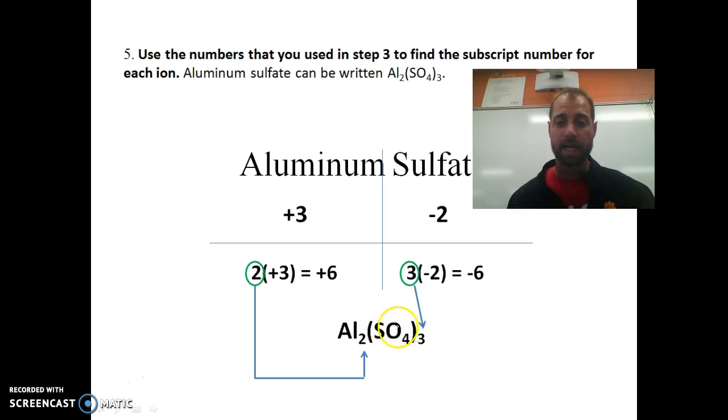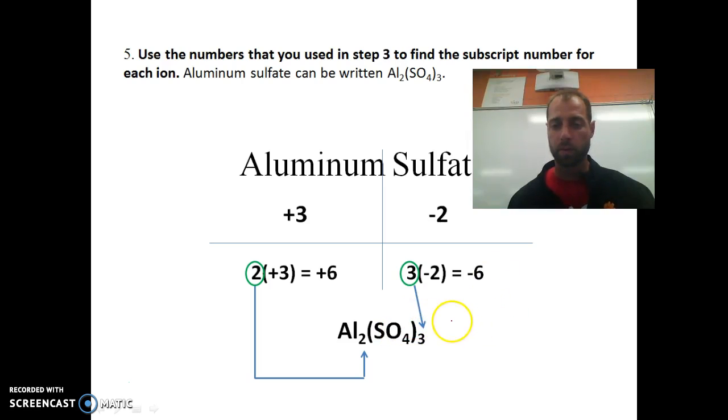Since sulfate is a polyatomic ion, meaning it has more than one atom, and it has a subscript within that polyatomic ion, we need to write parentheses before writing our subscript 3. This means we have 3 SO4s.